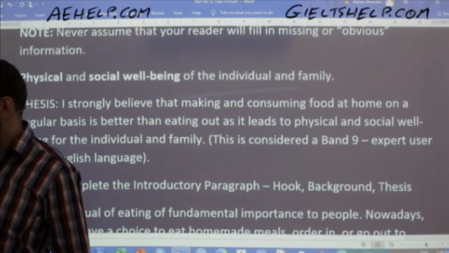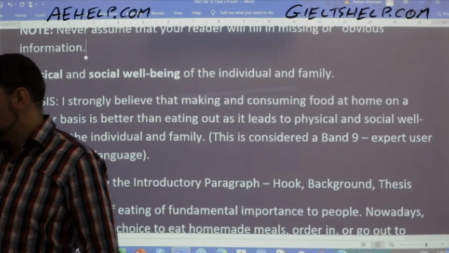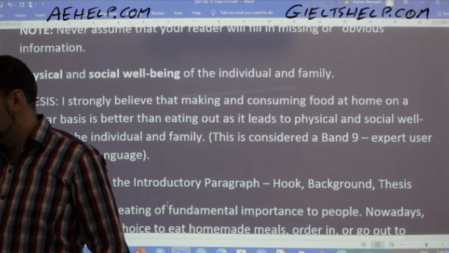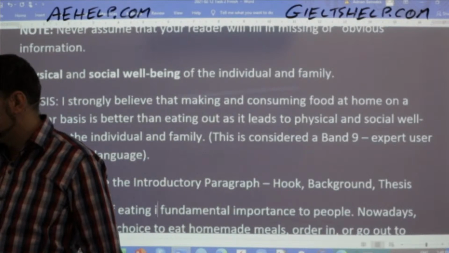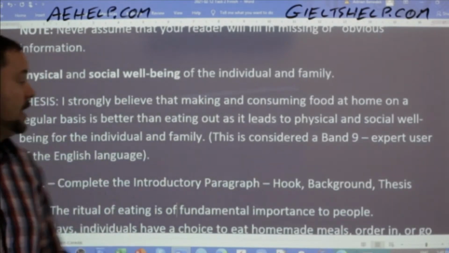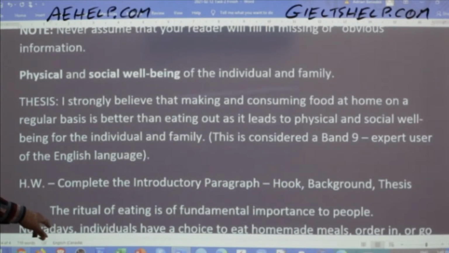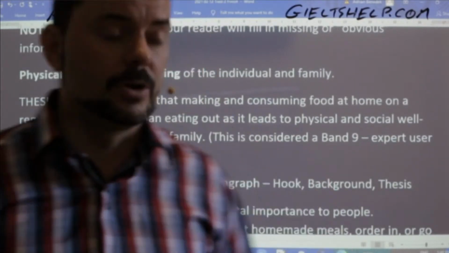So my hook is really simple. This is all I did for my hook, okay? So again, students, think about simple for your hook, okay?